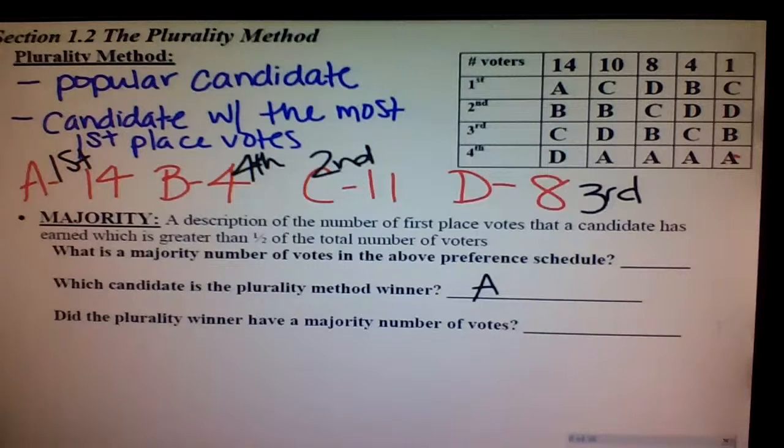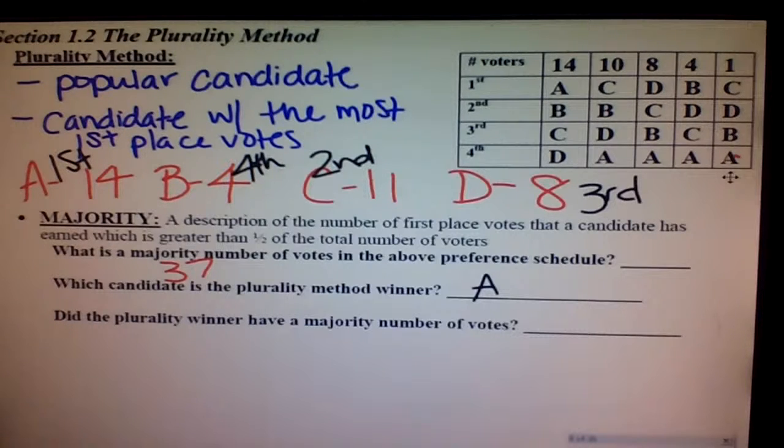Okay, so the first thing I got to do is add them all up. What's my total amount of votes in the election? 37. So, how would I find the amount of votes that I need for a majority using that definition?